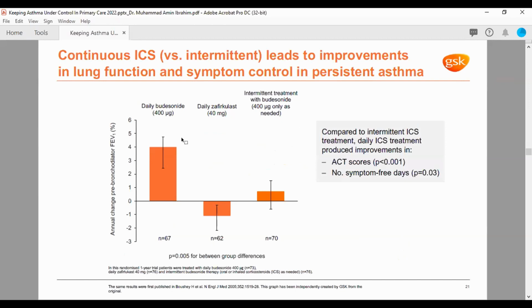From this table, we can see that giving regular inhaled corticosteroid translates to better improvement of FEV1 compared to the other 2 arms. The other positive outcome of giving daily ICS is improvement in ACT score, which indicates good asthma control, as well as the number of symptom-free days. So giving regular inhaled corticosteroid to our patient does lead to better asthma control and spirometry findings.